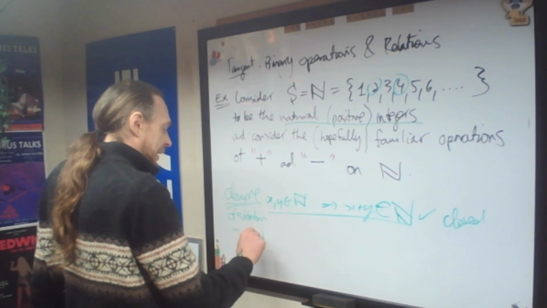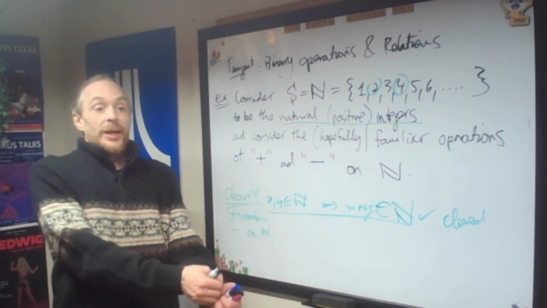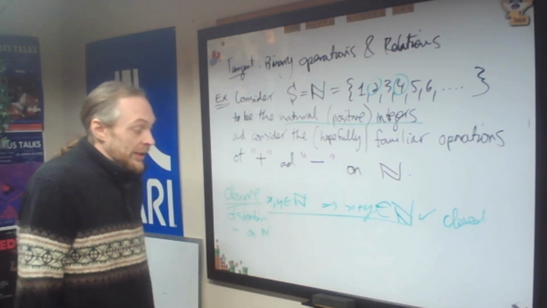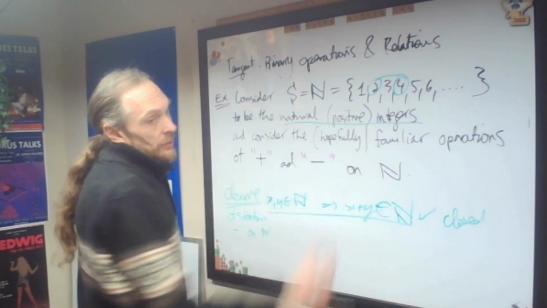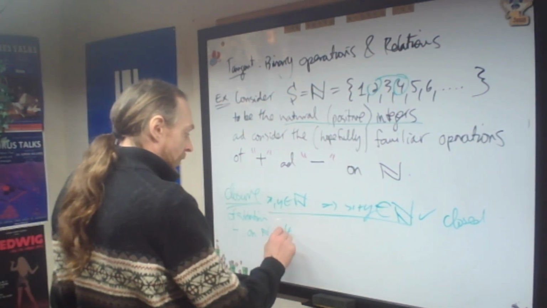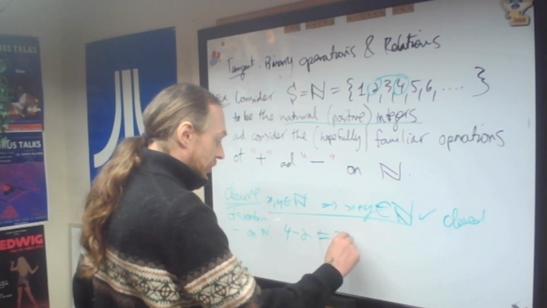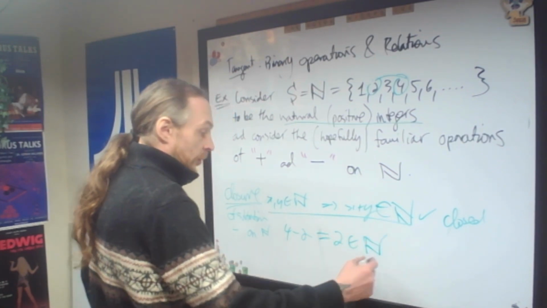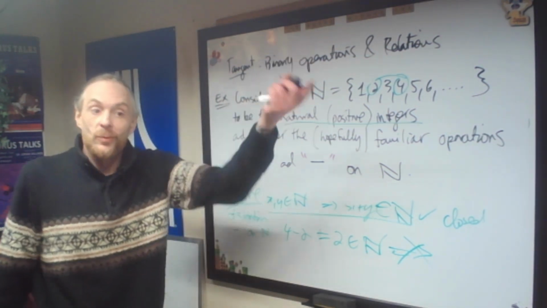Minus on N is taking away pebbles. But what happens if you take away more pebbles than you have? Abstractly, if I take two numbers in there, 4 minus 2 is equal to 2, which is a positive integer. But don't try to generalize, because just because one worked, we have to know that it worked for everybody.